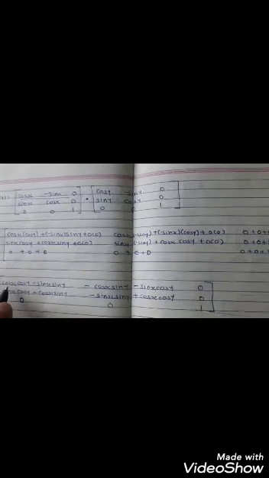So I have multiplied these two matrices. When we simplify, we will have cos x cos y minus sin x sin y; minus cos x sin y minus sin x cos y, 0; sin x cos y plus cos x sin y; minus sin x sin y plus cos x cos y, 0; 0, 0, 1.